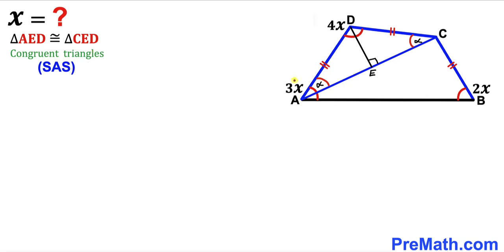Since these are congruent triangles, side length AE is going to be congruent to side length EC. In other words, if this side length is lowercase a, then this side length is going to be lowercase a as well.